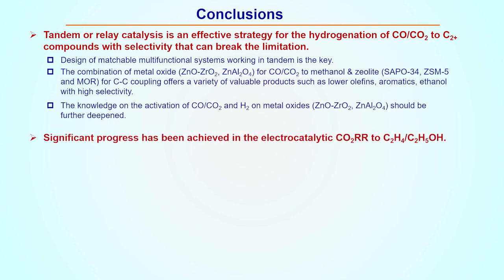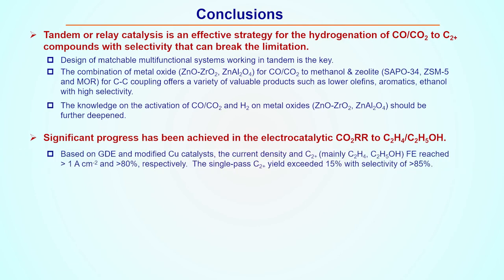A significant progress has been achieved in the electrocatalytic CO2 reduction to ethylene and ethanol. Based on gas diffusion electrodes and modified copper catalysts, the current density and C2+ Faradaic efficiency reached larger than 1 ampere per square centimeter and larger than 80%, respectively.